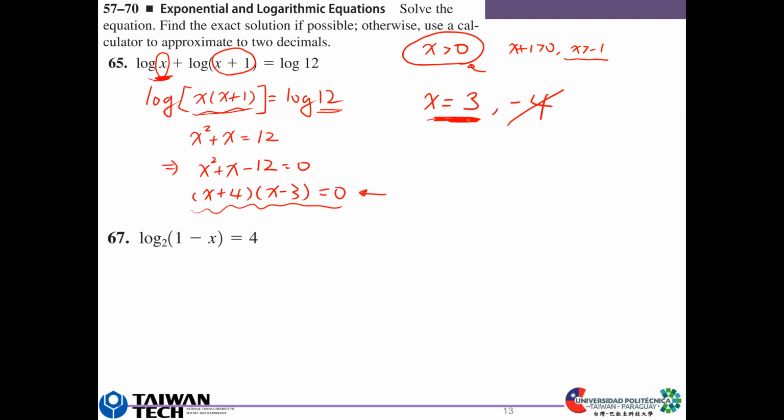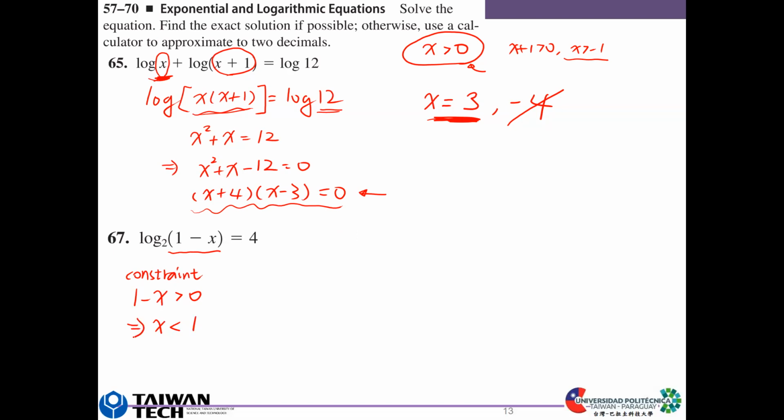Okay, so when we look at 67, we specify the constraint first. So the constraint is y minus x must be larger than 0. Let me say it's the constraint: y minus x must be larger than 0. So x is smaller than 1.